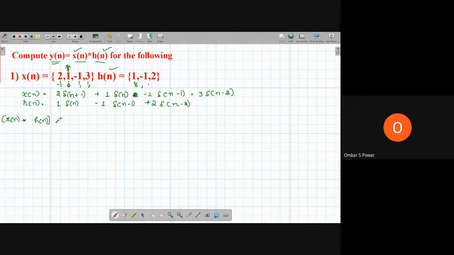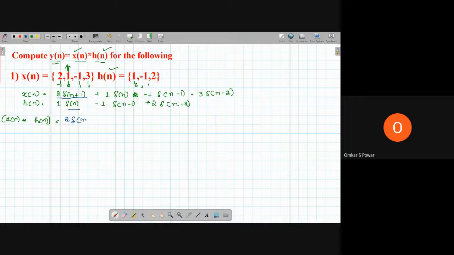When you convolve two delta functions, just observe what I am doing. We will take them one by one. First we take 2 del of n plus 1 and convolve it. Convolution of deltas is just direct multiplication. 2 ones are 2, del of n plus 1.